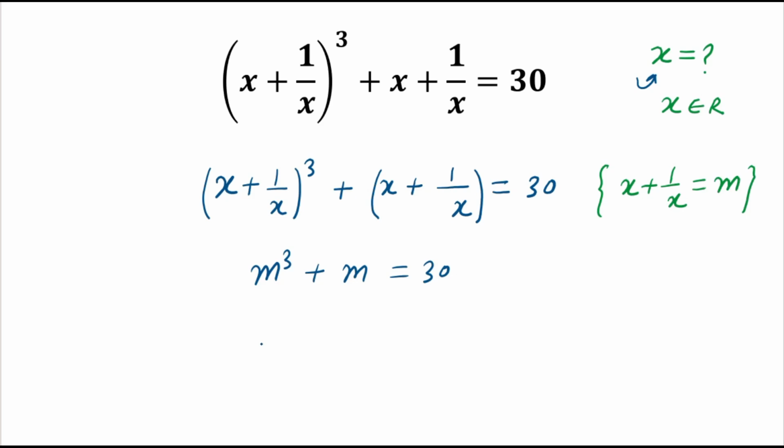Now if we take all the expressions on the same side, then m^3 + m - 30 = 0. On the left hand side we have a cubic equation, m^3 + m - 30 = 0.